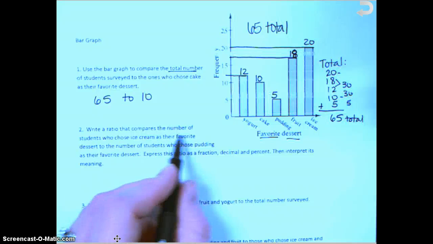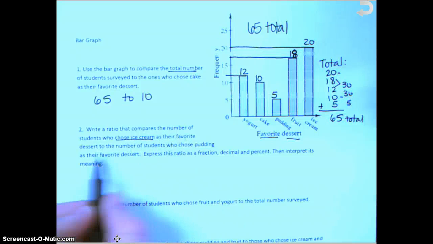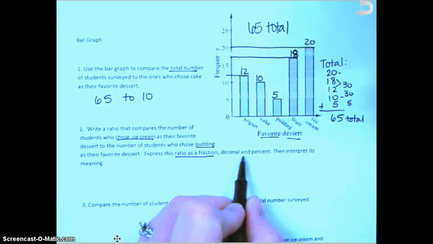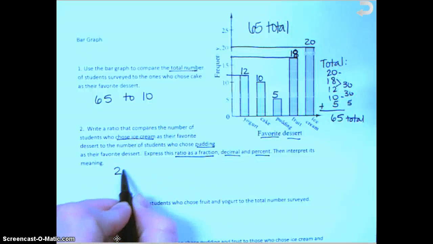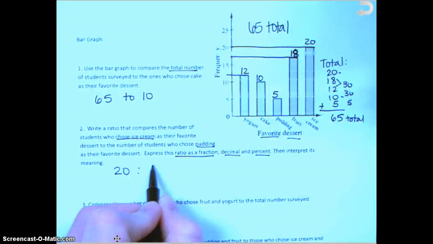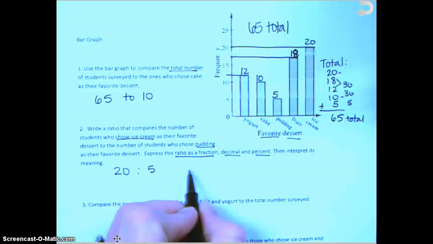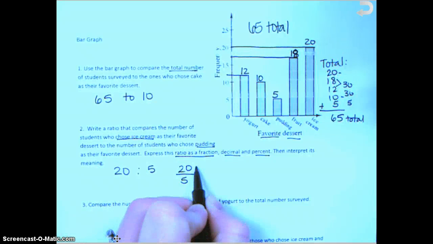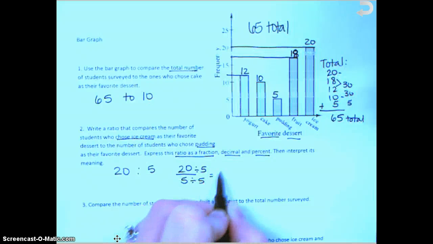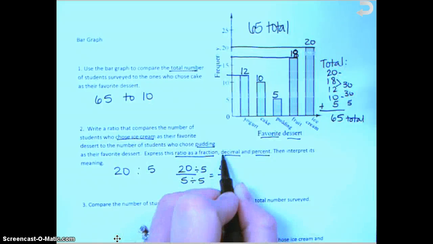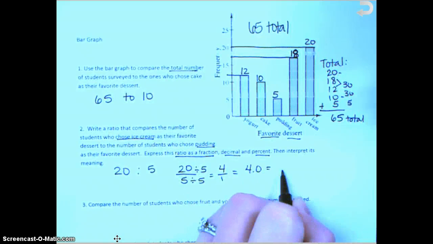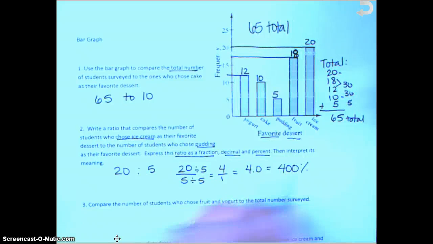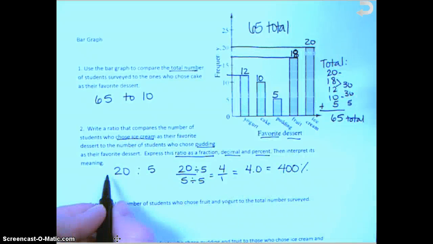Write a ratio that compares the number of students who chose ice cream as their favorite dessert to the number of students who chose pudding as their favorite dessert. Fraction, decimal, and percent. Okay, so ice cream was 20 and pudding was 5. So the ratio and then a fraction would be 20 over 5, which we could reduce to 4 over 1. And a decimal, well, 20 over 5 would be 4. And a percent. Okay, and then interpret its meaning.